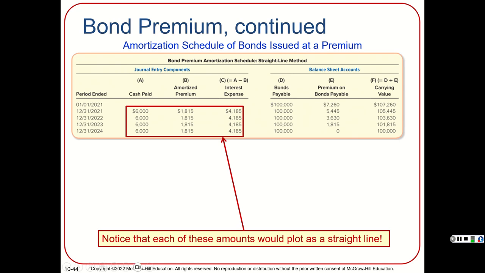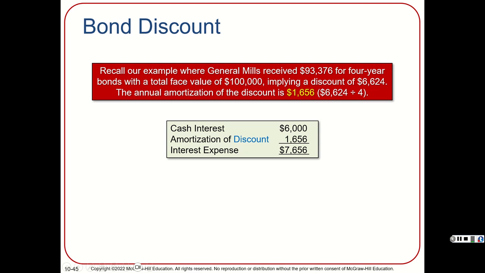This is made pretty simple because the bond was issued on the first of the year. So that's the simple straight line method. So let's recall the discounted bond. The annual amortization on the discount is the same method, the $66.24 divided by 4.